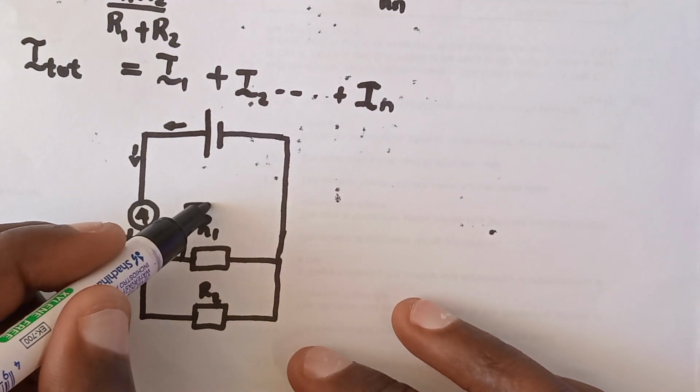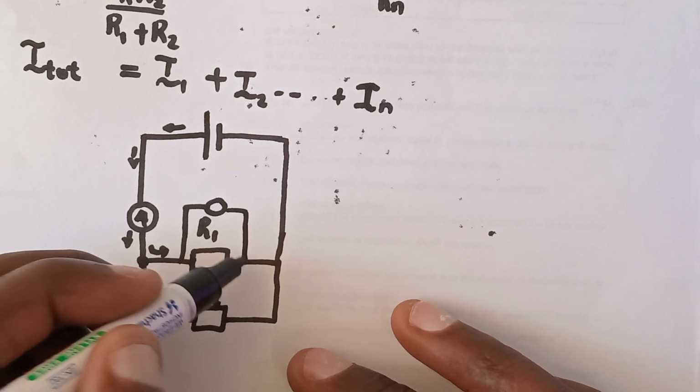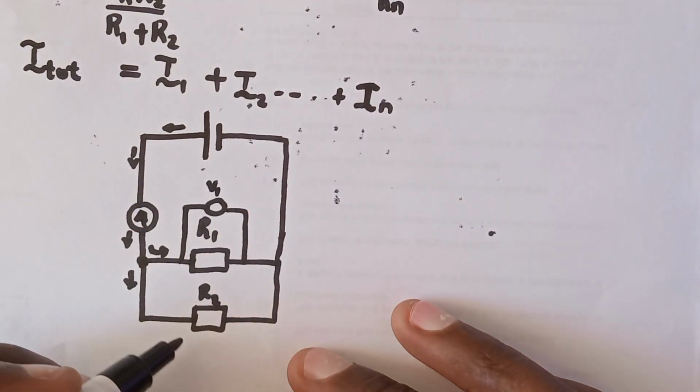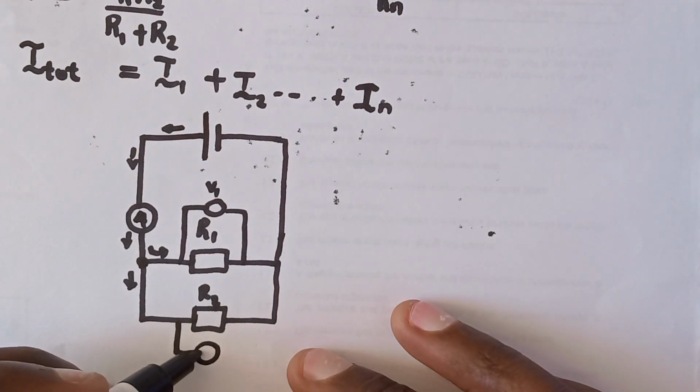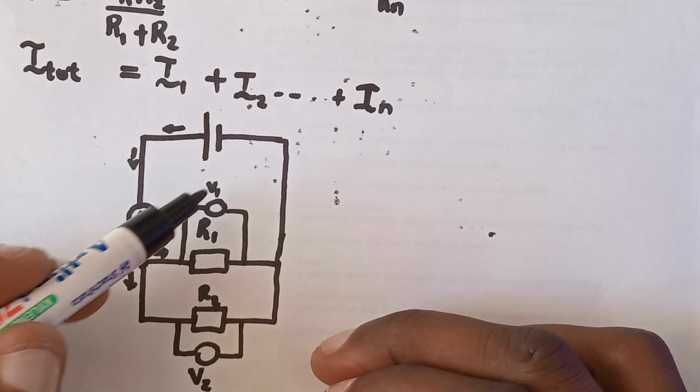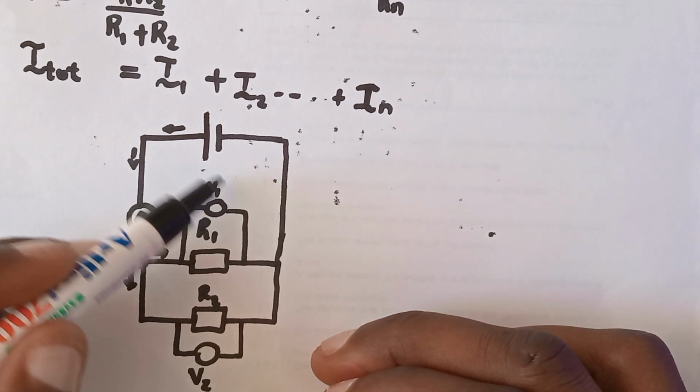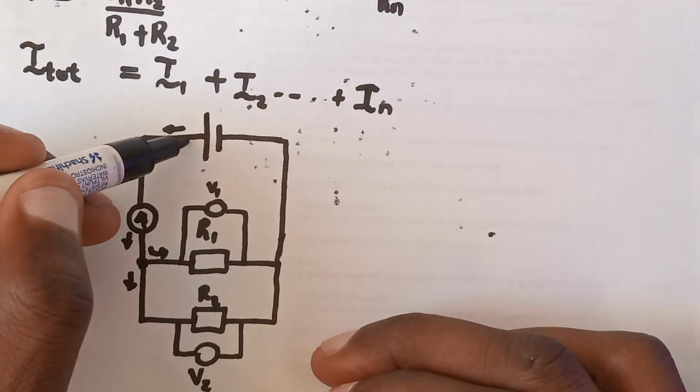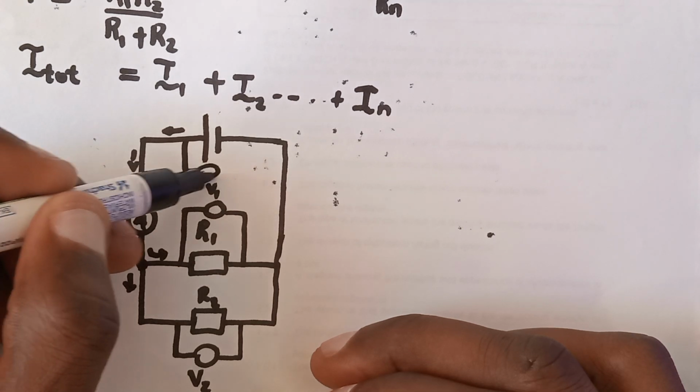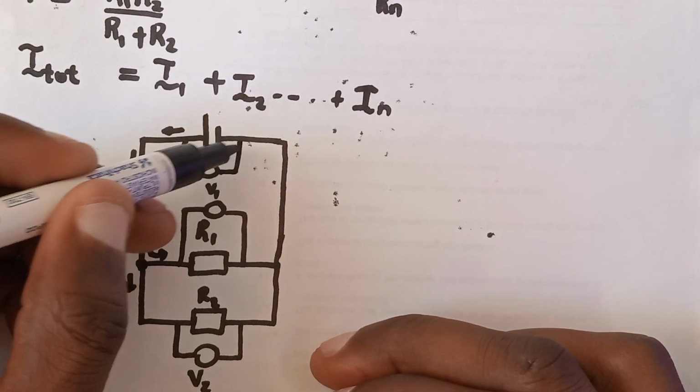For V total, V1 here, and V2 here. So the total voltage is all equal. It's not divided here.